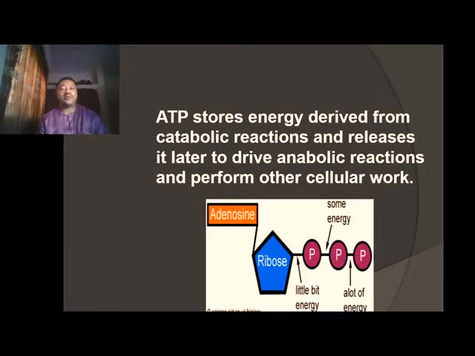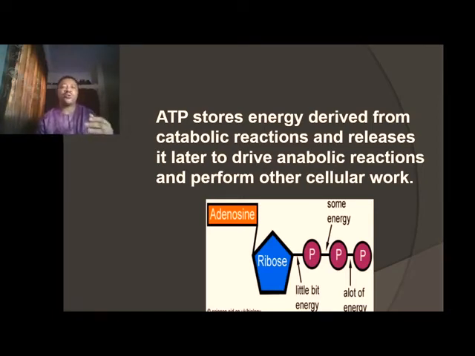Nature does not accommodate a vacuum. What happens is that in a living system where metabolism is taking place, the energy required to drive the anabolic reactions is derived from the catabolic reactions. So the catabolic reactions generate the energy that drives the anabolic reactions.